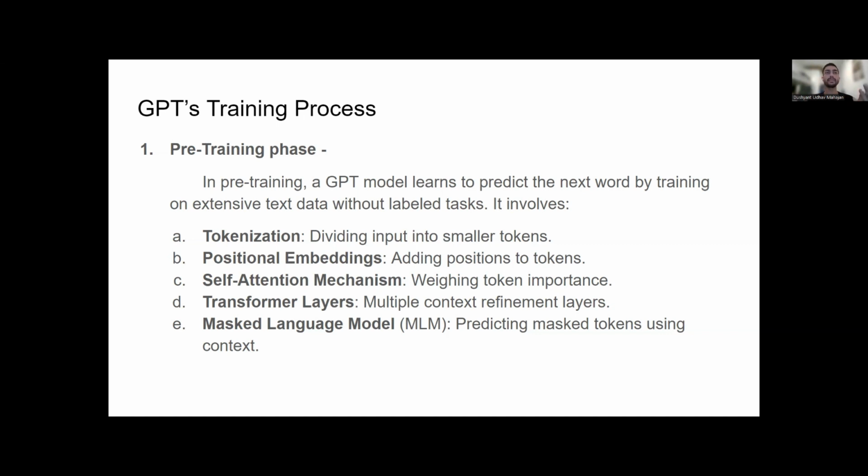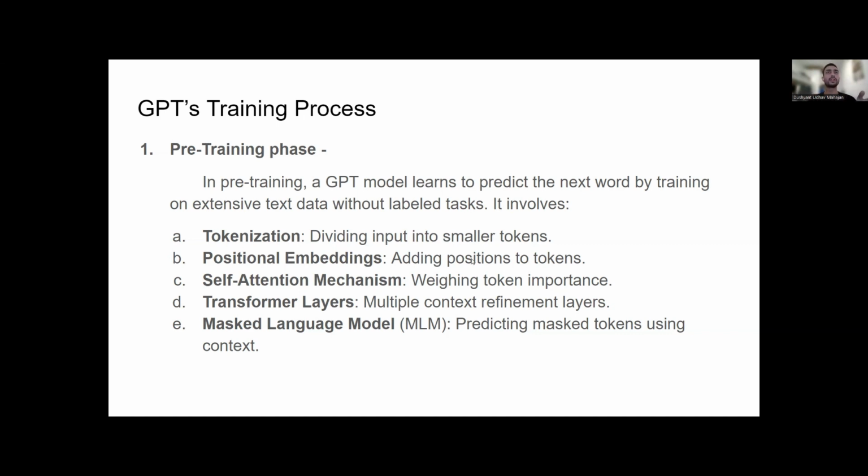Then we also use a masked language model, which is basically during the training procedure, a portion of the input tokens is randomly masked out, and the model is tasked with predicting those masked tokens based on the surrounding context. This helps the model to learn contextual representations. This concludes the pre-training phase.